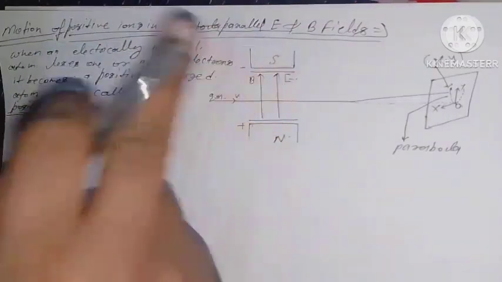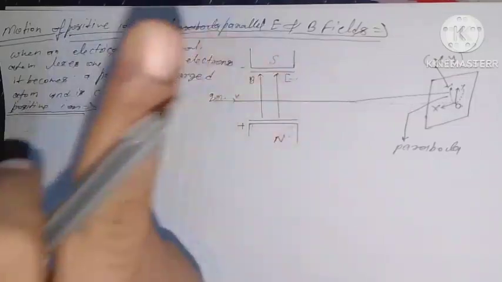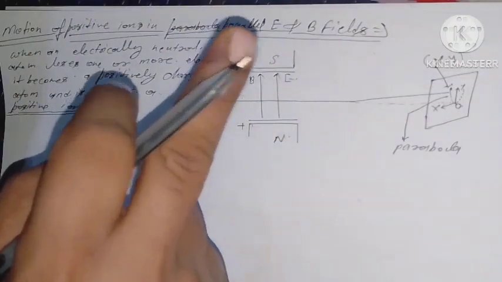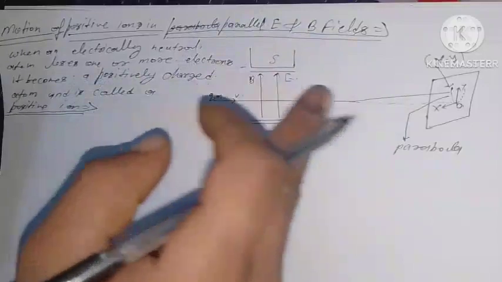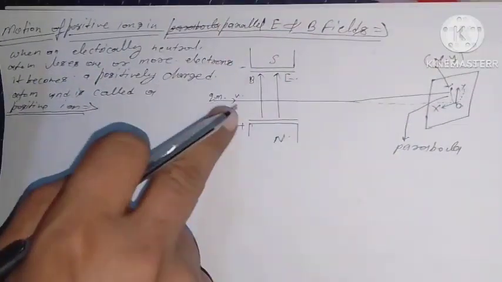Both the fields E and B are parallel to each other and are at right angles to the direction of motion of the beam.